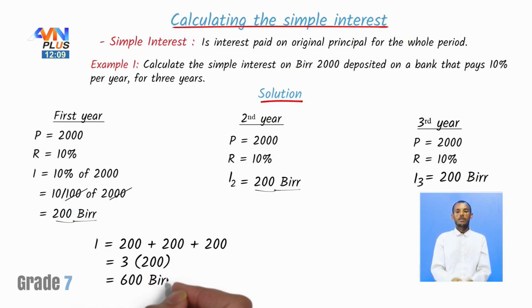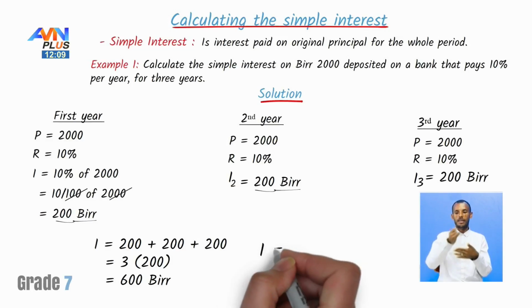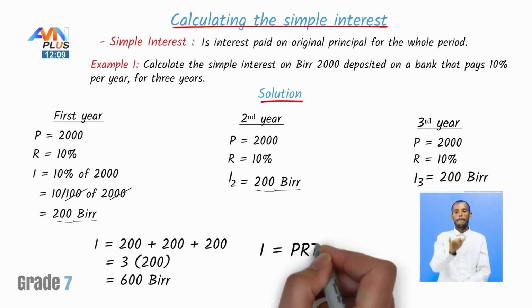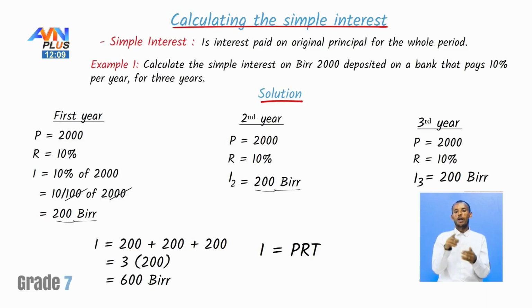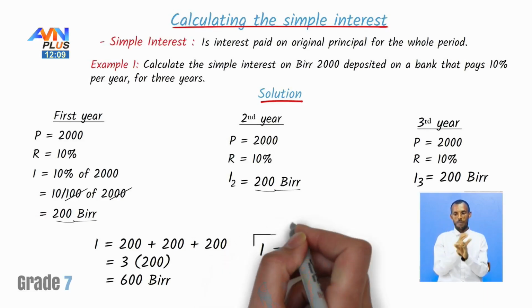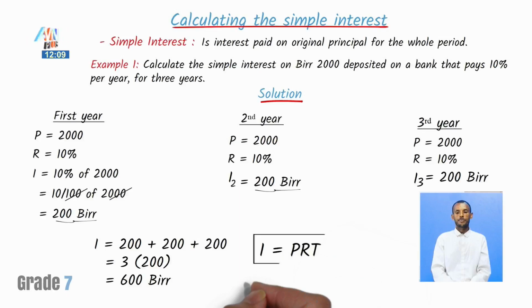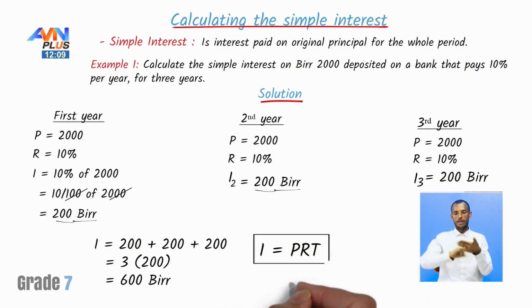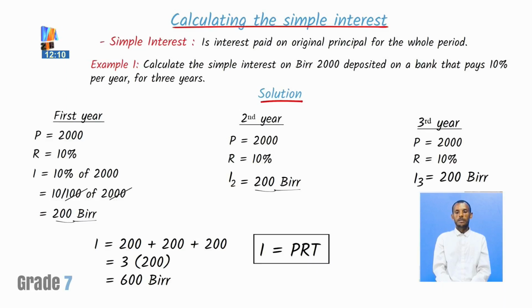By the way, to calculate simple interest, since the interest for each year is the same, you can simply use this equation. I is equal to P times R, and then times the length of the period.